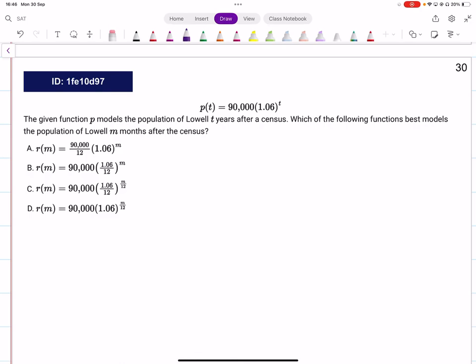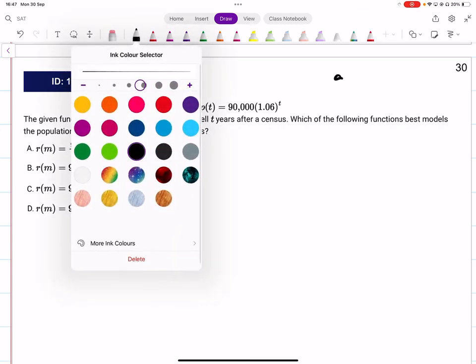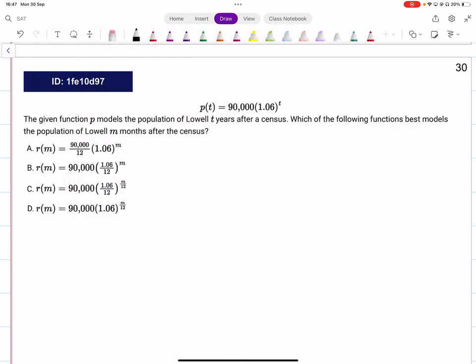Okay. The given function p models the population t years after a census. Which of the following functions best models the population m months after the census? Remember that form that we did in exponential functions? A times b raised to power t over k. Remember that? What did k represent?